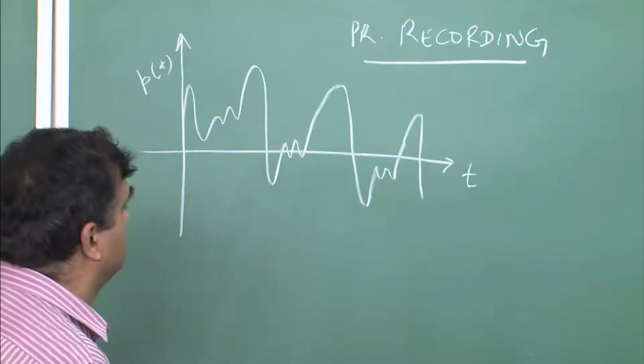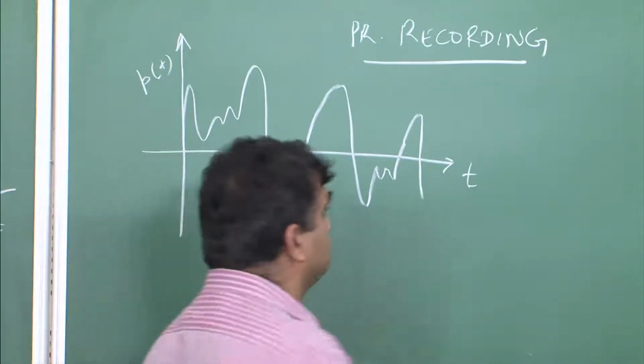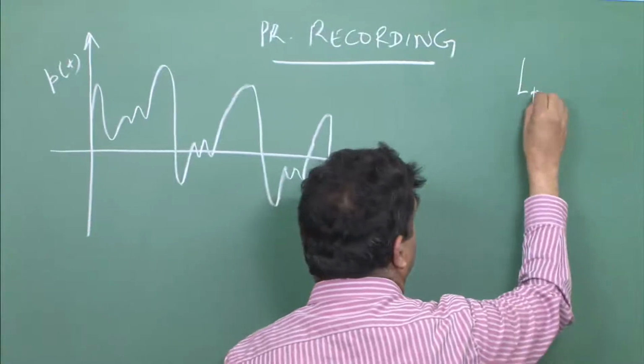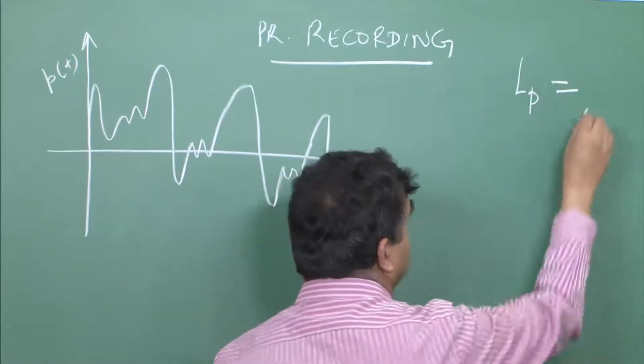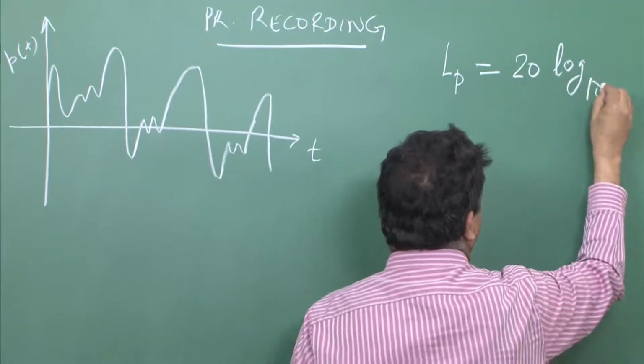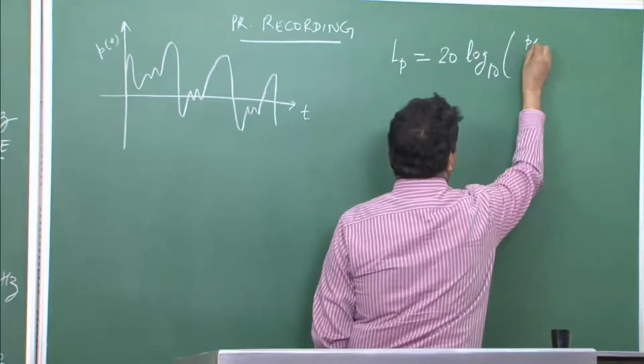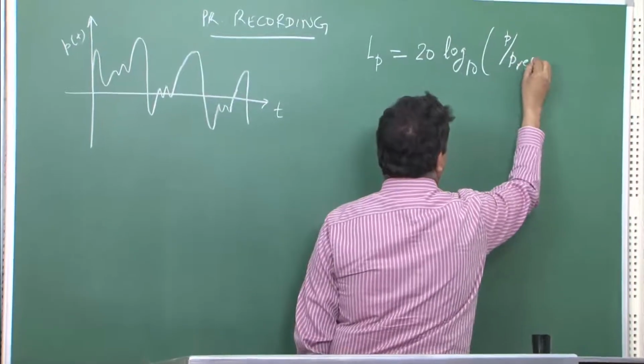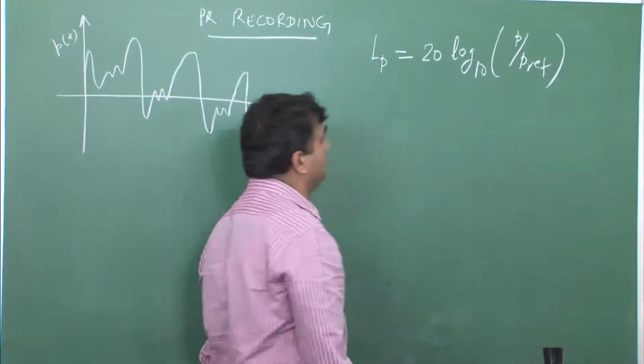When I compute decibels or LP, this is the formula, P over P ref.